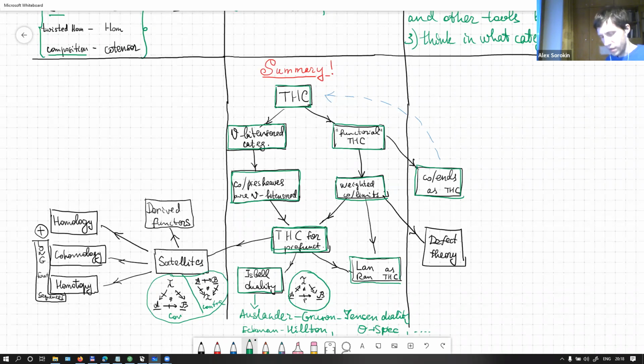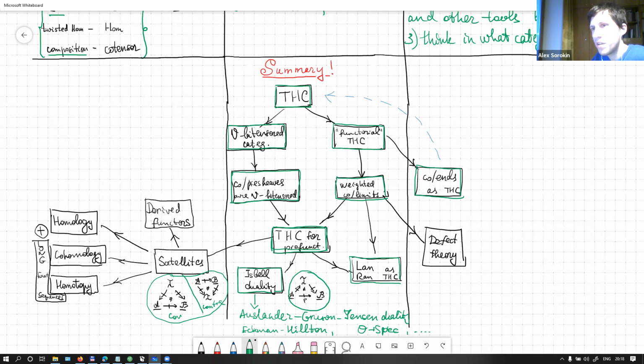Later, they were originally defined by classics. They were redefined using Kan extensions by one mathematician called George Janelidze. And his definition of satellites incorporates classical ones and many, many more.